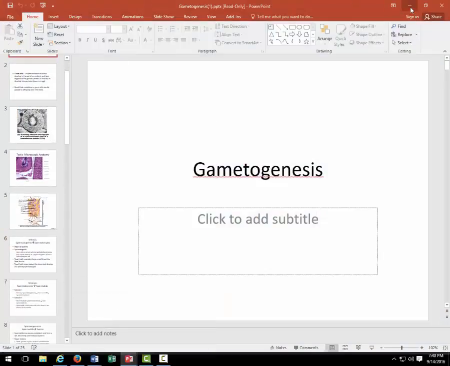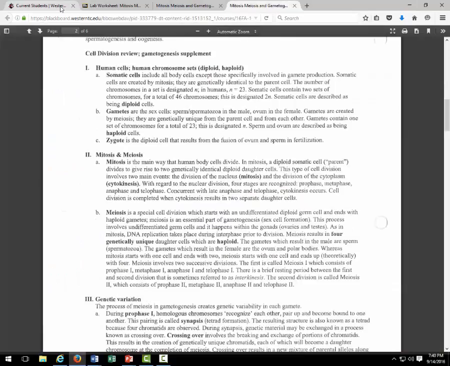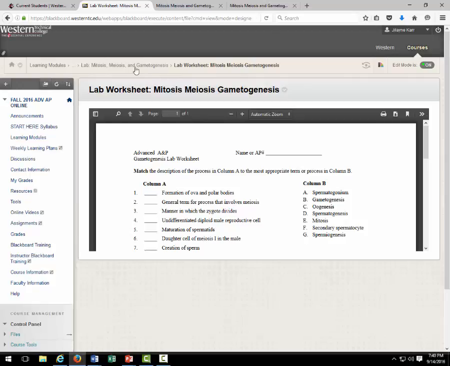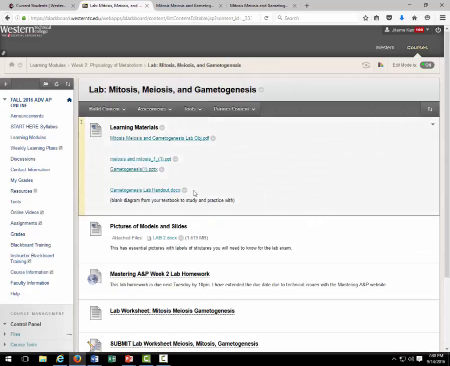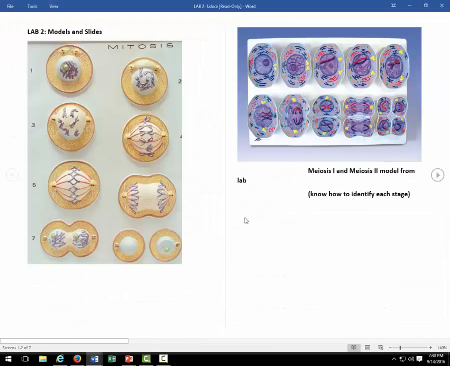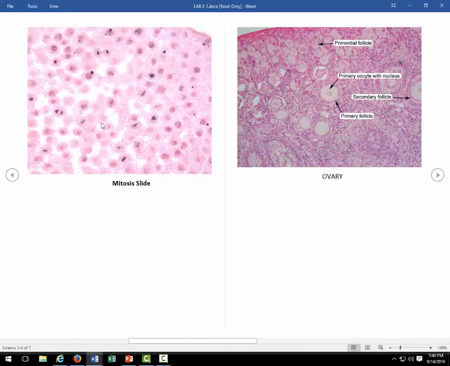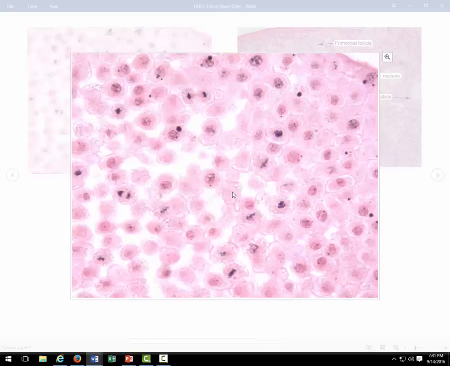Okay, one other thing I want to refer you to, and that is the worksheet that has the different structures on it, this one. So we looked at those. Here's a mitosis slide.